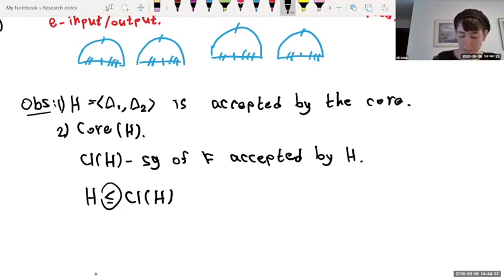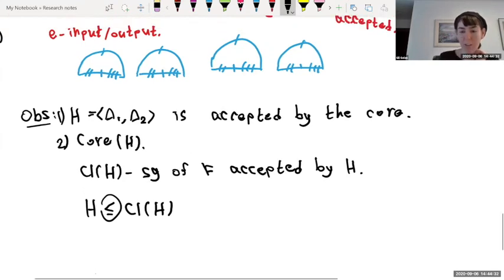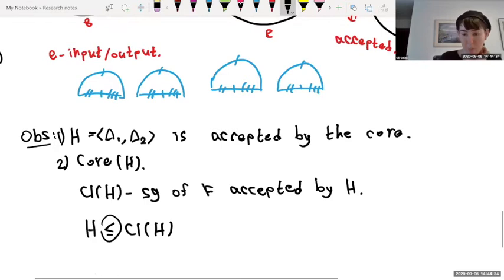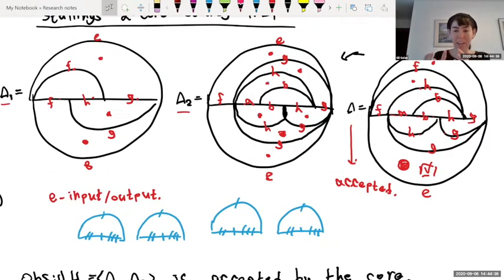Okay, but why is it still good for us? So the closure of H is the subgroup of F of all diagrams accepted by H. So for the closure of H, we have a very simple solution for the membership problem, right? If we want to decide if a diagram belongs to the closure of H, all we have to do is what we did just here.